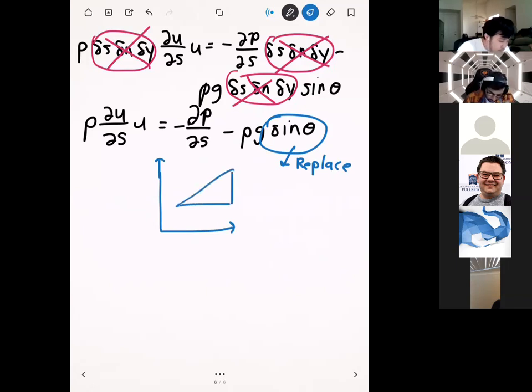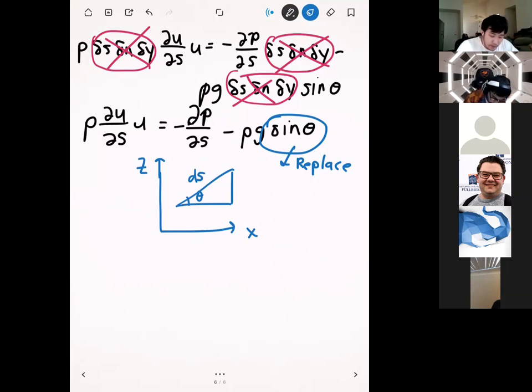I guess I didn't need to draw the coordinate axes. Or maybe I did. Because of the geometry of the problem, we have an x-axis on the bottom and a z-axis on top, since we've already decided that the y-axis goes into the page.